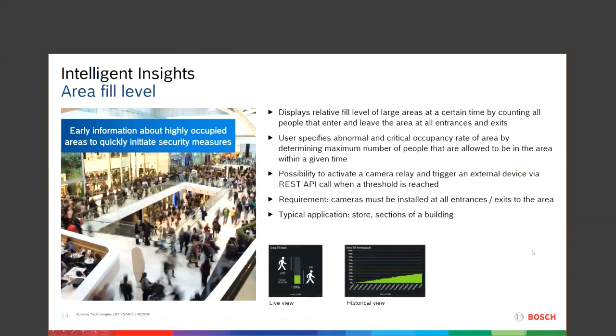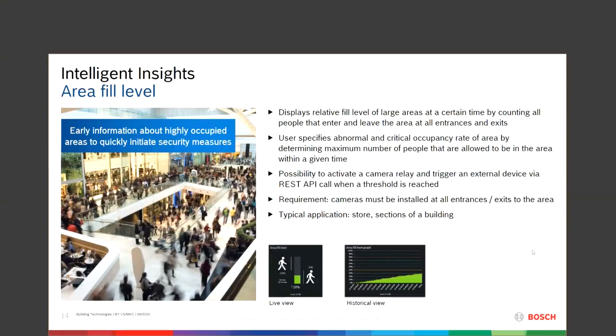Area fill level, that's the third use case. Again, we're using the specific counters, but here the application is more in the store, retail vertical, or maybe within some facilities. So we can have direct information on how many people entered a specific area, and how many people left.